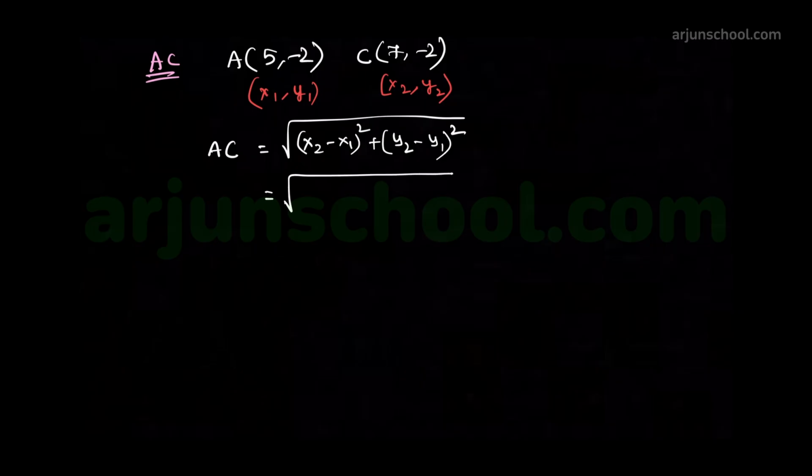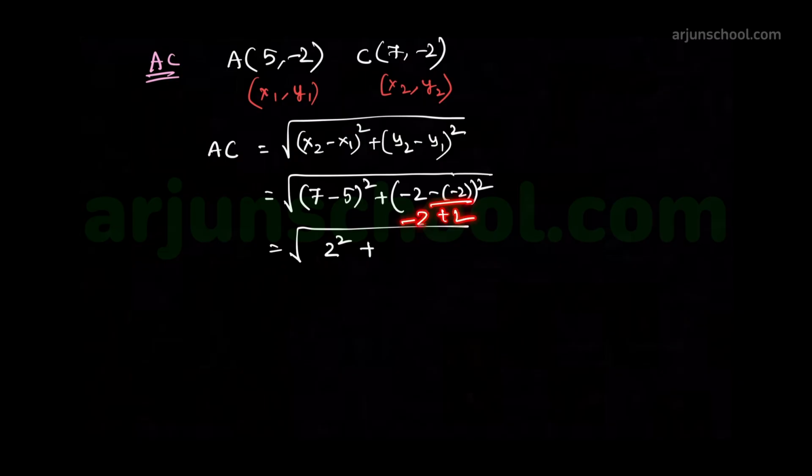That is equal to root over (x2 is 7 minus x1 is 5) whole square plus (y2 is -2 minus y1 is -2) whole square. That is equal to root over (7 - 5 is 2) square plus (-(-2) is +2, -2 + 2 is 0) 0 square. Root over 2 square, that is equal to 2. The length of the side AC is 2.